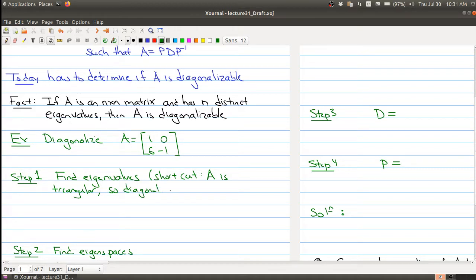So that tells me that lambda equals 1 and minus 1 are my eigenvalues, and I'm happy because they are distinct, so I know how to proceed in this case.